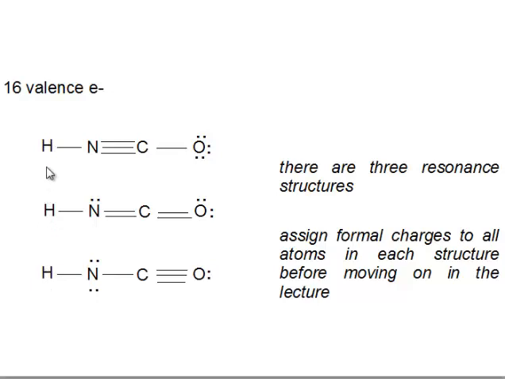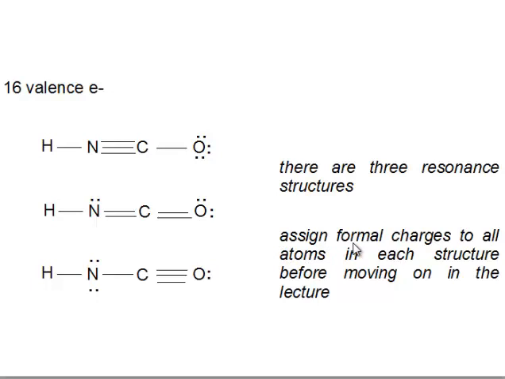Hydrogen always has 2 electrons through sharing. Nitrogen has 8 through sharing. Each carbon has 8 through sharing, and each oxygen has 8 through sharing. So there are 3 resonance structures for HNCO.